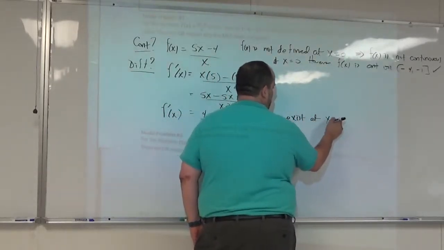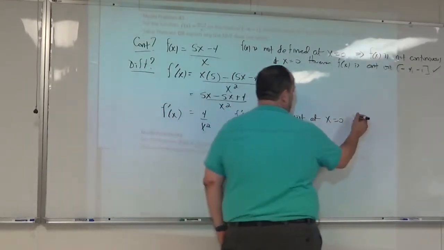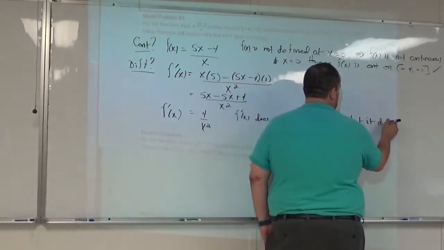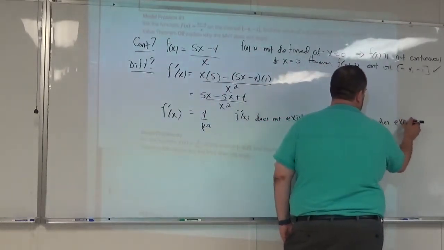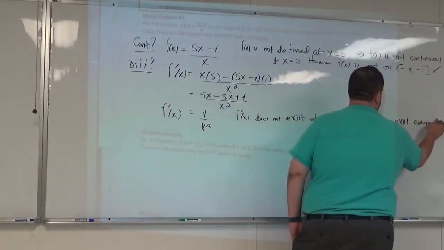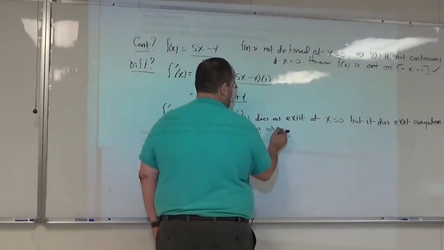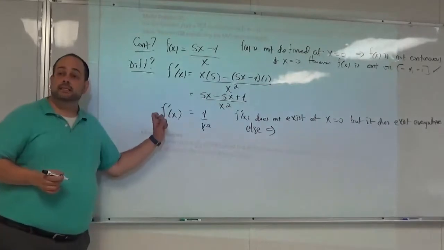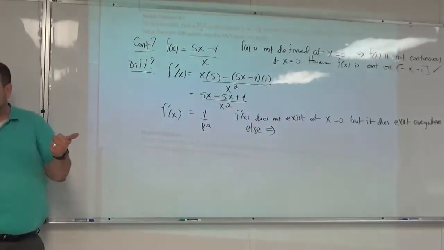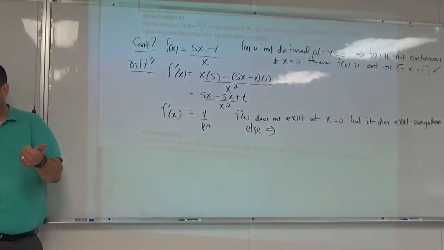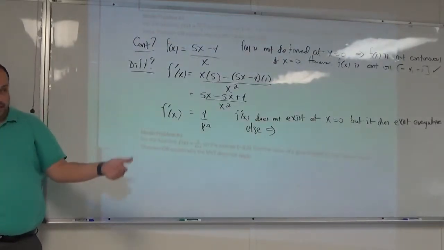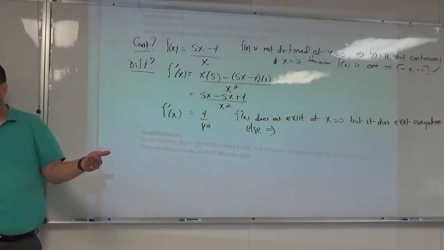Does it have any other problems? No, it exists everywhere else. The derivative doesn't exist at x equals 0. But does the derivative exist in the interval that I care about?